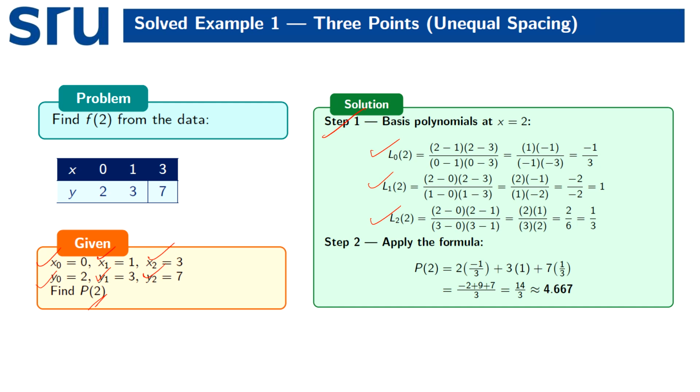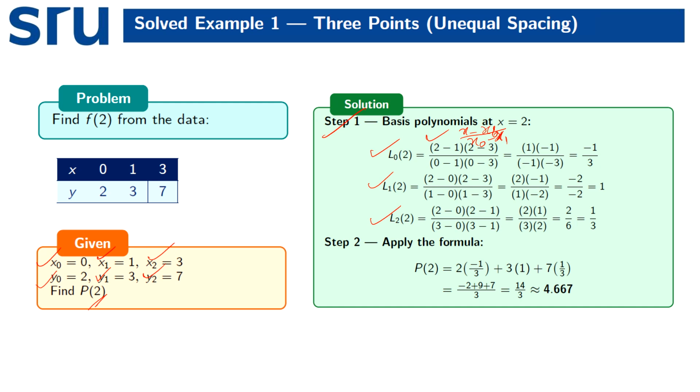L0(2) is (x minus x1) upon (x0 minus x1), here 2 minus 1 upon 0 minus 1.